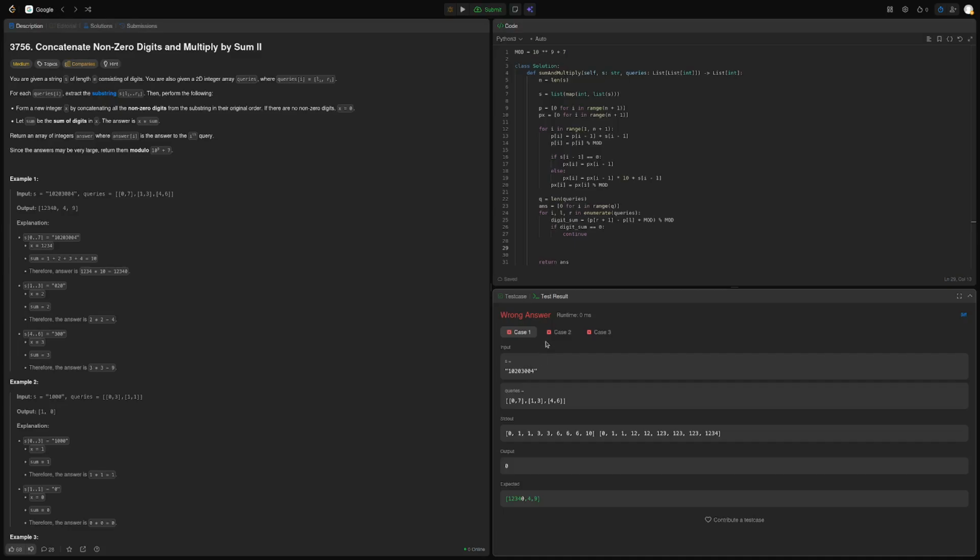I probably should have some prefix for zeros, because I want to know by how many digits I have to shift it. Okay, that's like P0.